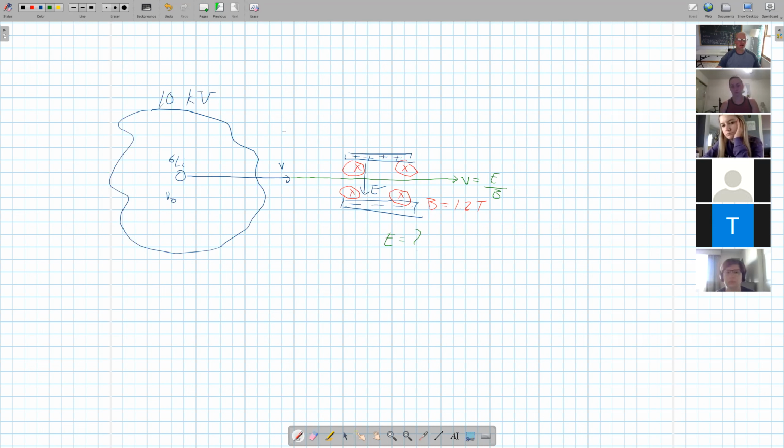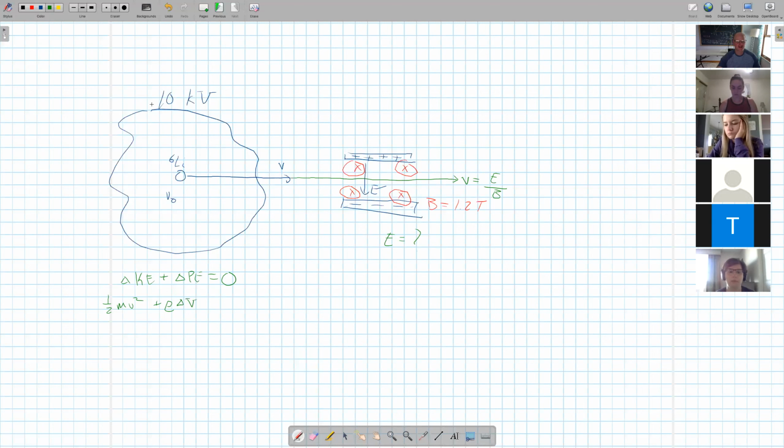So here, you have to use what we used way back in chapter 2. To do this part, you have to use conservation of energy. So the change in kinetic energy plus the change in potential energy is equal to 0, since there's no work done by a non-conservative force. Here, the initial kinetic energy is 0. The final is non-zero, so it's going to be 1/2 mv squared, plus the charge, which we're told is e, times the change of potential.